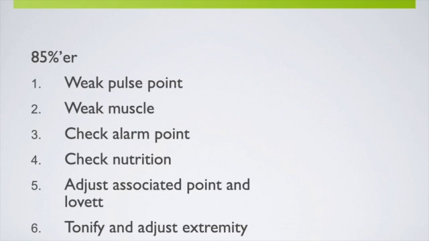And then also you want to check the Lovett vertebrae. And then you would tonify using the tonification point for that meridian, and then adjust whatever you might find in that extremity if there's anything that might be involved in interrupting that energy flow.